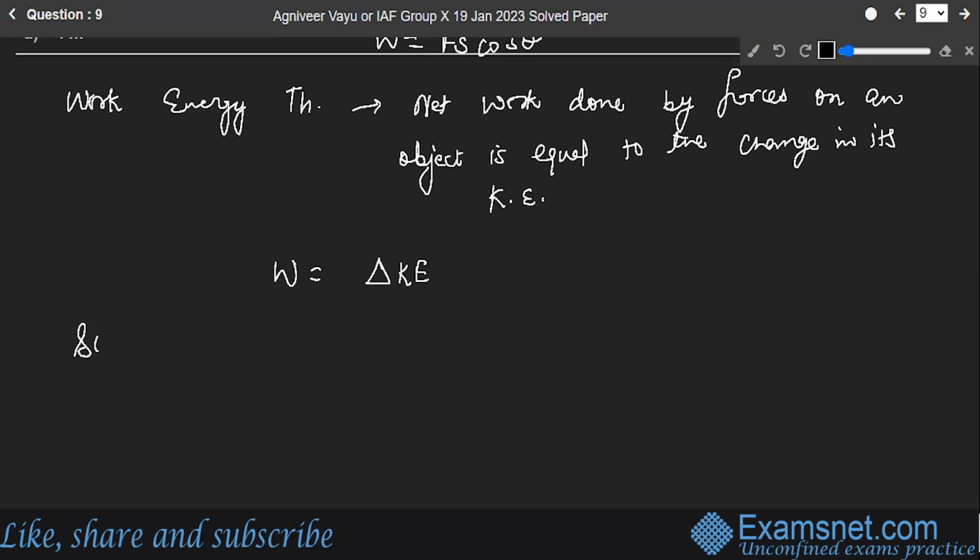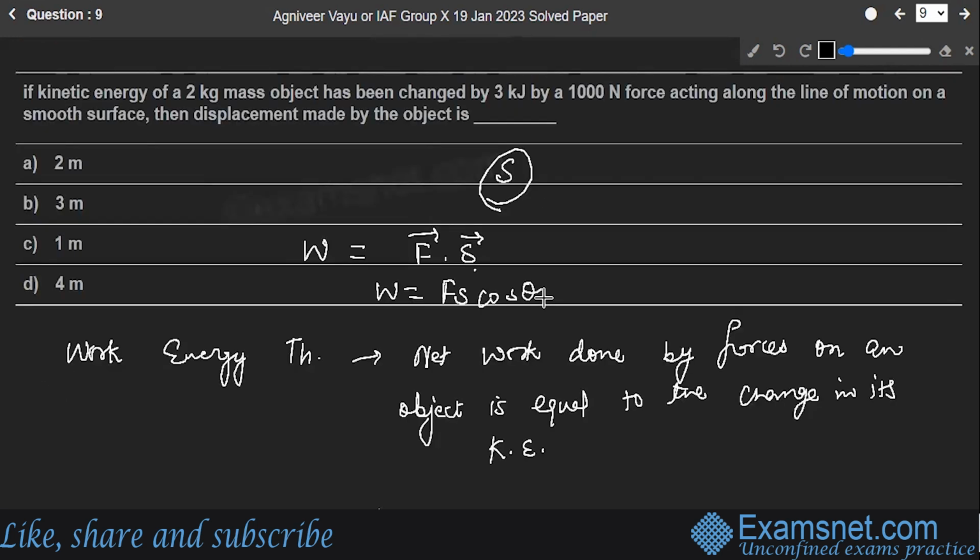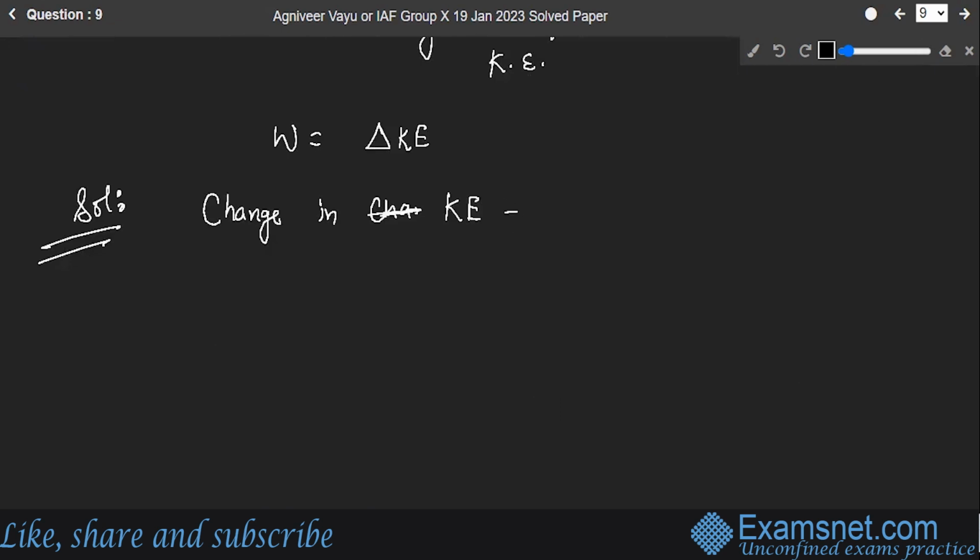So now let's move towards the solution of the problem. Here, in the question, the change in kinetic energy, delta KE, is 3 kilojoules, which is equal to 3000 joules.